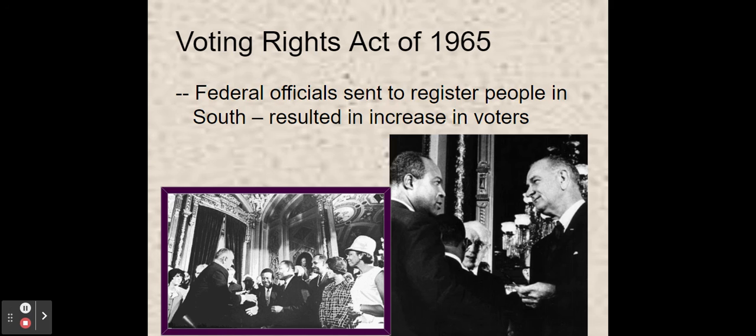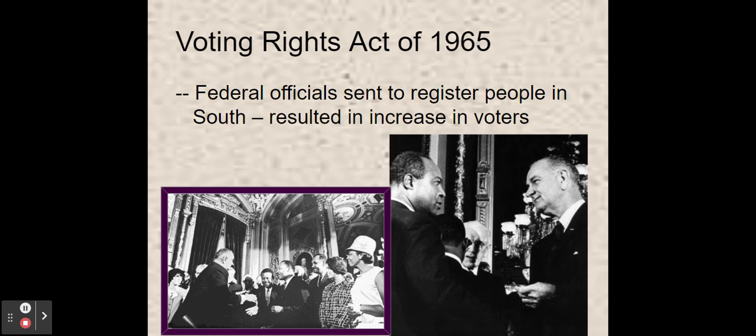Johnson signing the Civil Rights Act of 1964 and the Voting Rights Act of 1965 is getting the federal government involved, and the federal government is going to work to end segregation in public places. Okay, now we have the power of the federal government working to end segregation in public places.